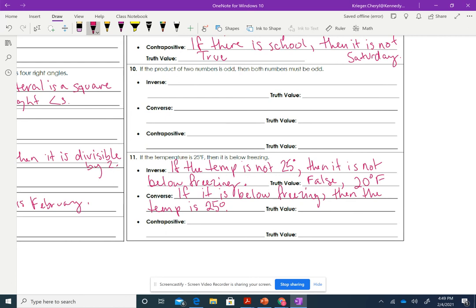Is that true? Well, no, that one's also false. We have lots of below freezing temperatures.